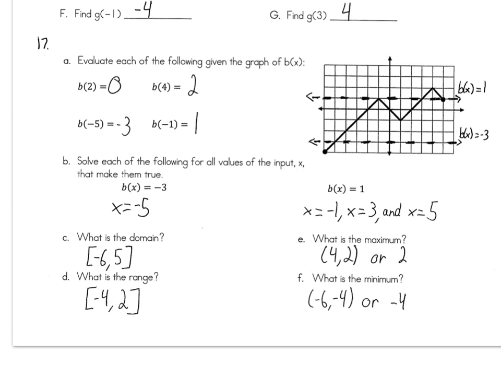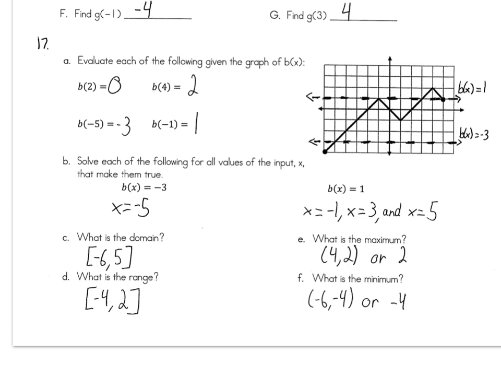And then backwards, when y is negative 3, if we go to negative 3, look to the left and to the right, it's only touching at that one place, when x is negative 5. But when y is 1, whoa, holy cannoli, we actually have 1, 2, 3 values: negative 1, 3, and 5 for our x's.